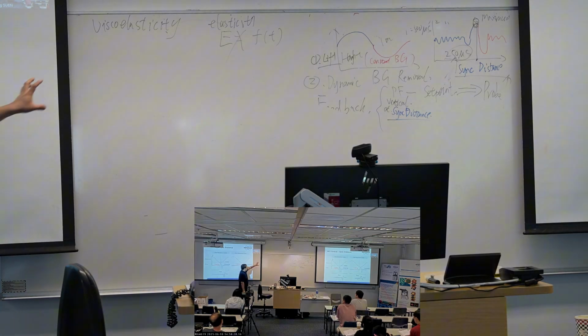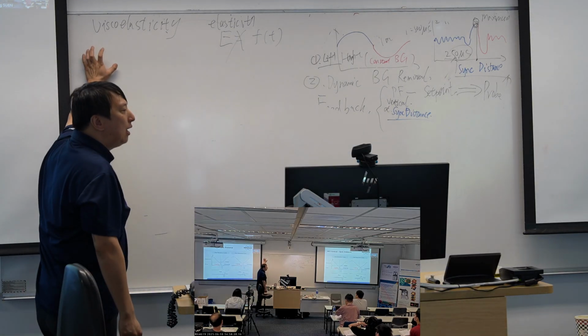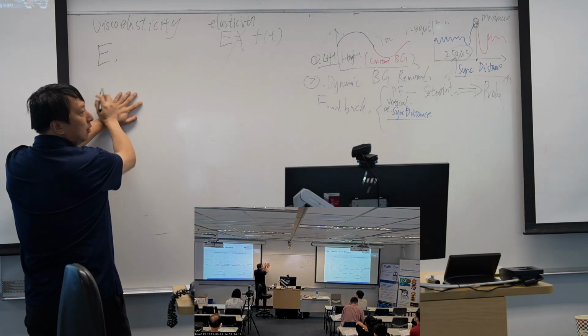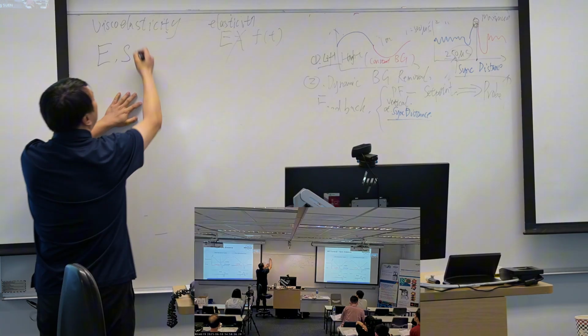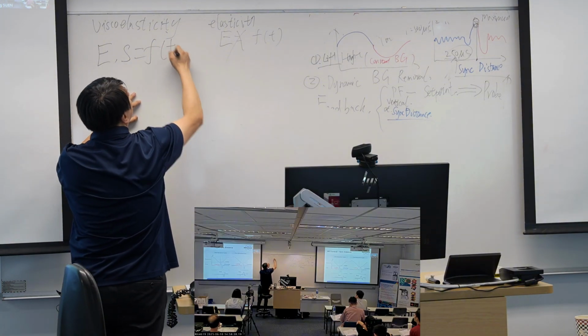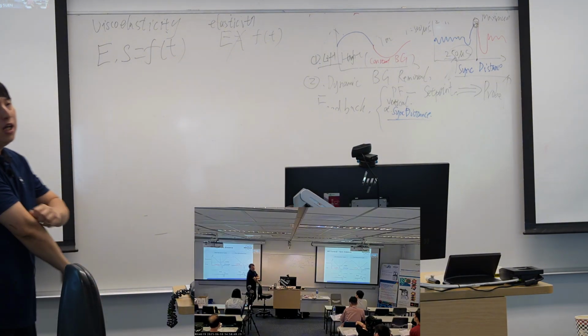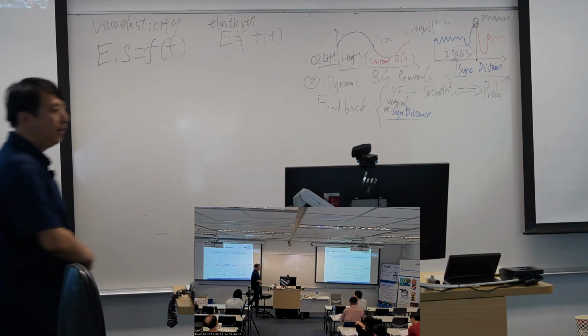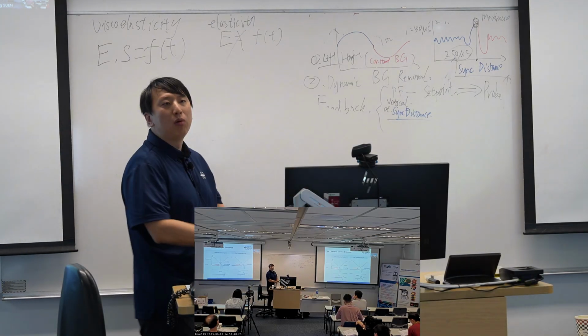The fluid has viscosity, or in other words, your modulus or stiffness is a function of time. It can change against time. So for example, you may also know something like water.